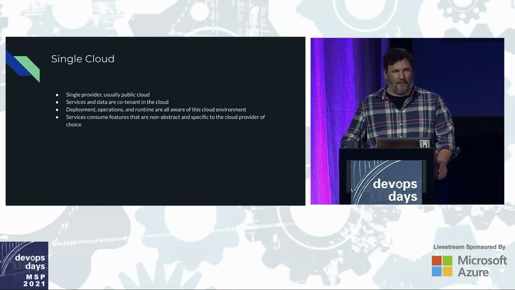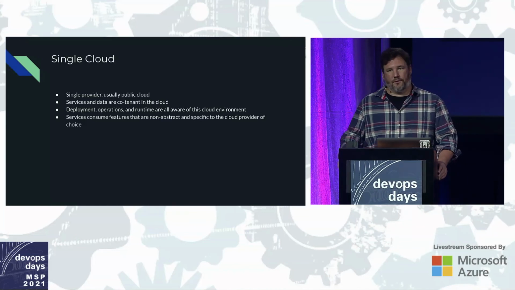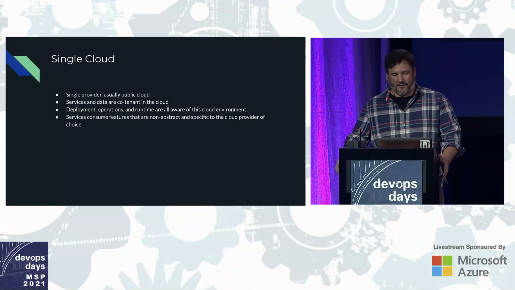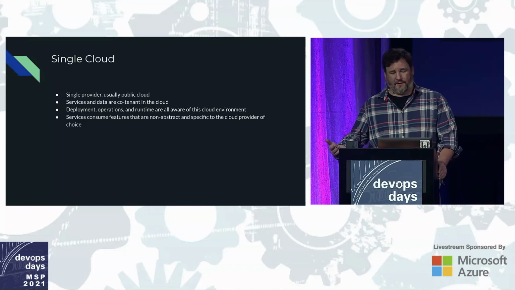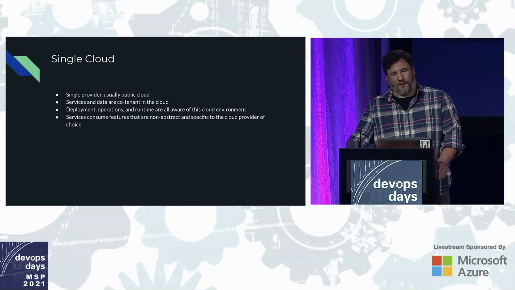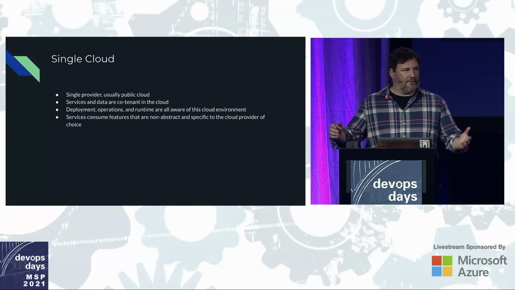Your deployment operations and runtime are all designed and pre-molded to understand how that cloud operates and how the service operates inside that cloud. And you consume features that are specific and non-abstract to the cloud provider of your choice. So in other words, if you're running in AWS and you're using DynamoDB, that's a great example.